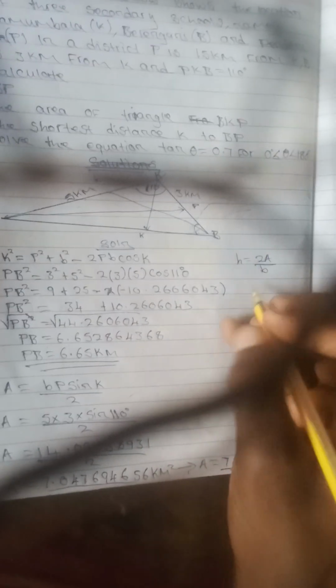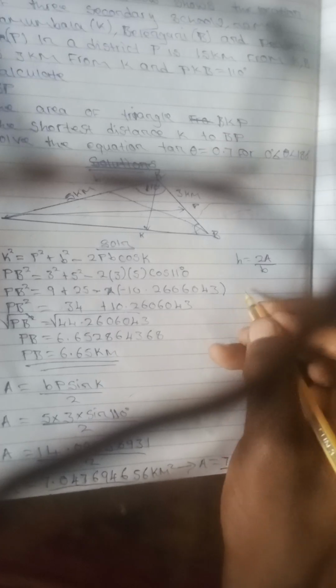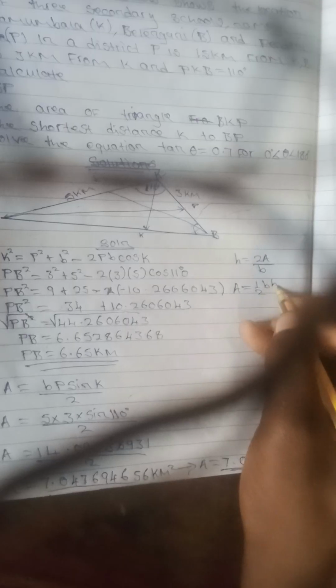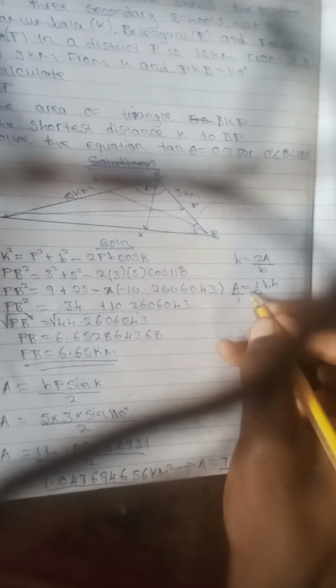Where does this formula come from? The formula comes from how to find the area of a right angled triangle. The area of a right angled triangle is equal to half bh. So we just say over 1, then cross multiply. We need to make h the subject of the formula here, and we cross multiply.